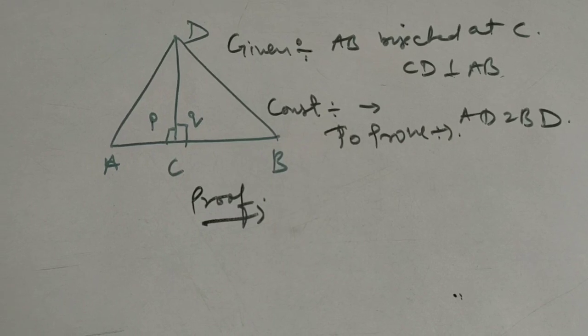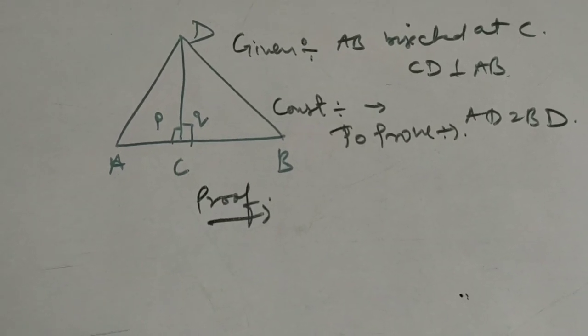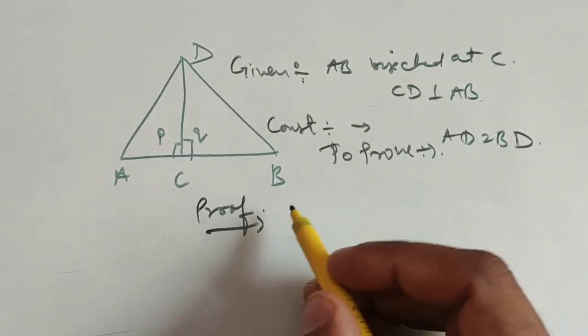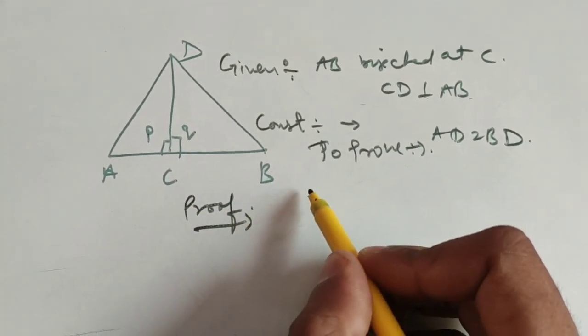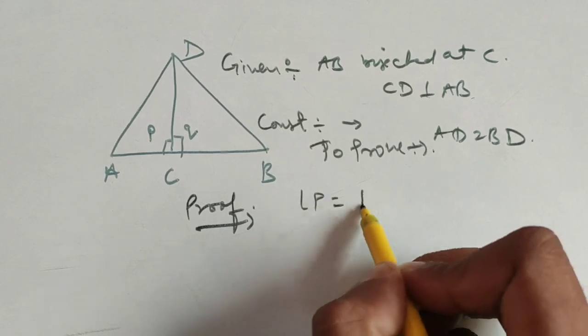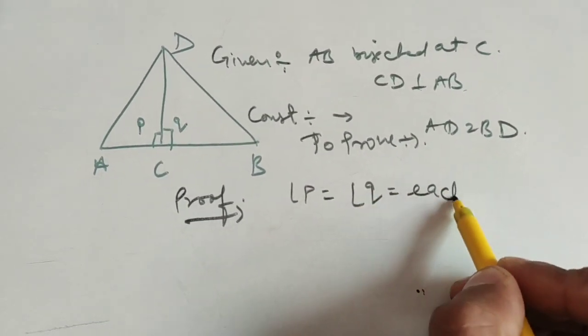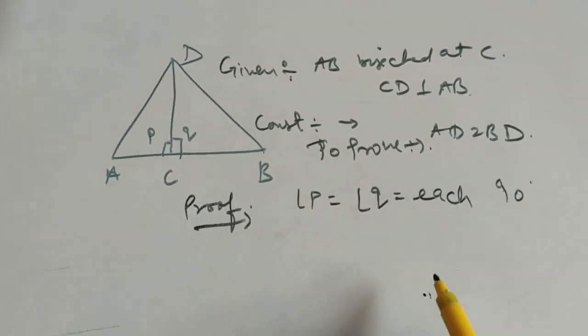So we will apply this method to find out if AD is equal to BD or not. Now what is known, we know that angle P is equal to angle Q because each is 90 degrees.